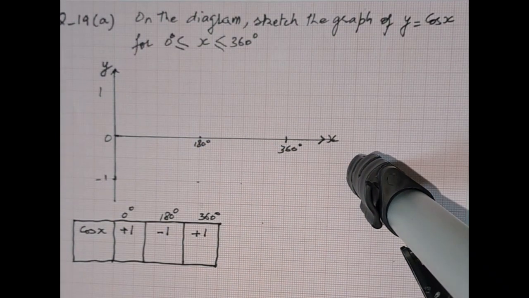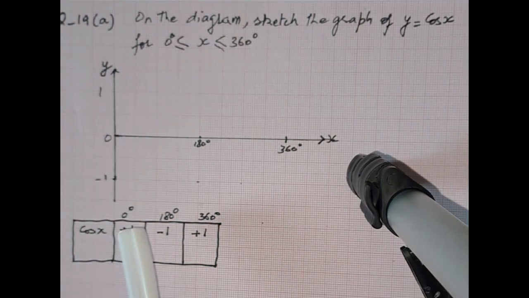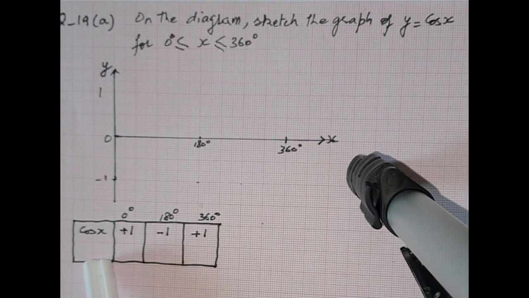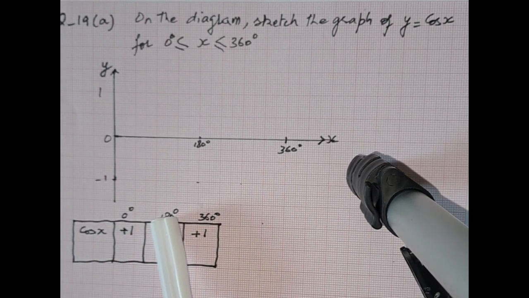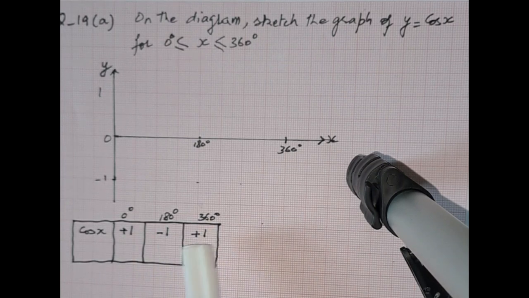In order to sketch that graph, we have to know the values of cos of x for 0 degrees, 180 degrees and 360 degrees. I have made a table for you. Cos of 0 is +1, cos of 180 is -1 and cos of 360 is again +1.